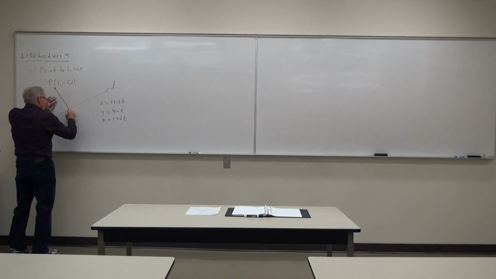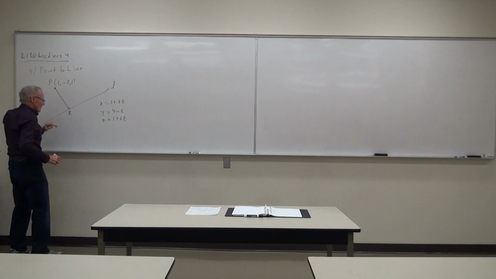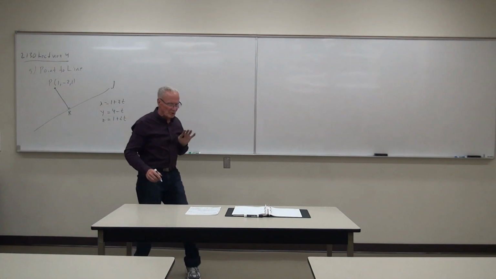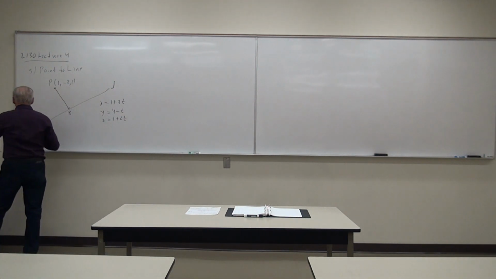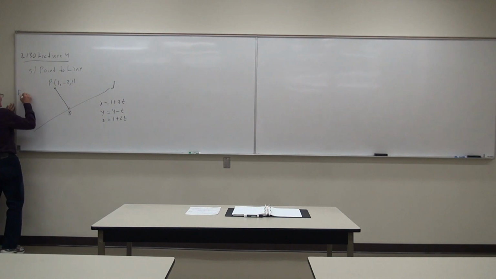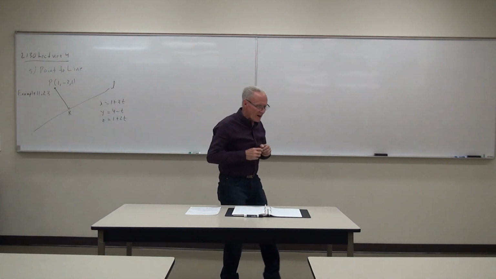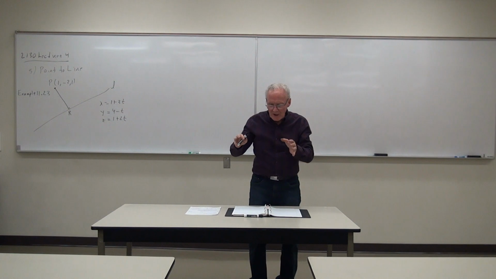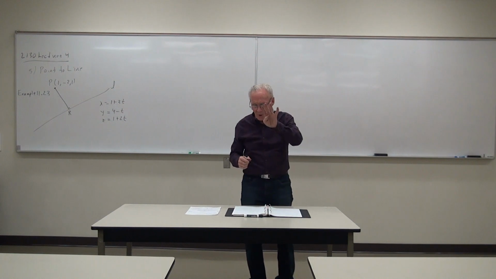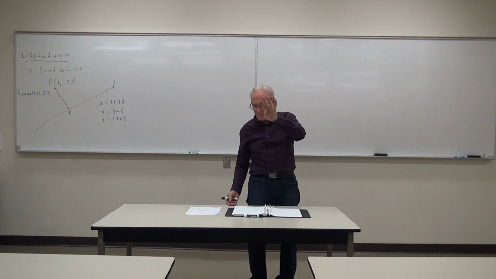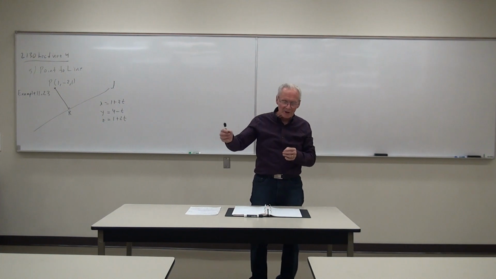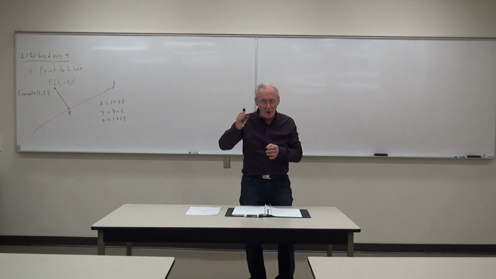So if I drop a perpendicular over there, let's call that r. Now there's 2 ways you can do it. In the book, example 11.23, did it one way. And the way it did it was to parallel all the other examples that we've seen so far, those first 4, and the last one, which is yet to come, by talking about projecting or taking the component of one vector along another vector.